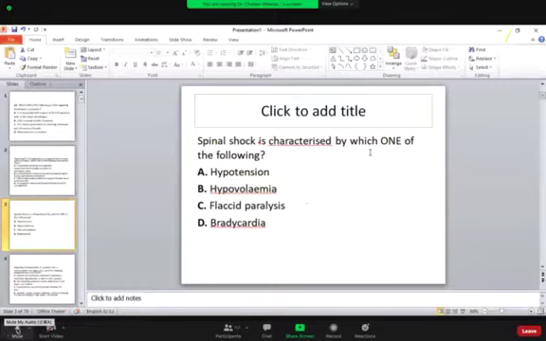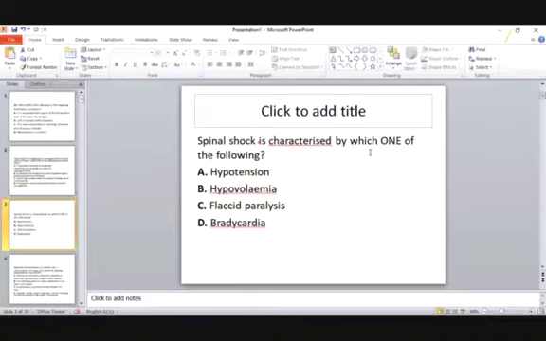Suspect a spinal cord injury. The first thing is you should assume a spinal cord injury depending on the mechanism of injury. For example, if a patient comes after a fall from a significant height, or the mechanism of injury is significant, such as a patient knocked down by a high vehicle going at high speed.